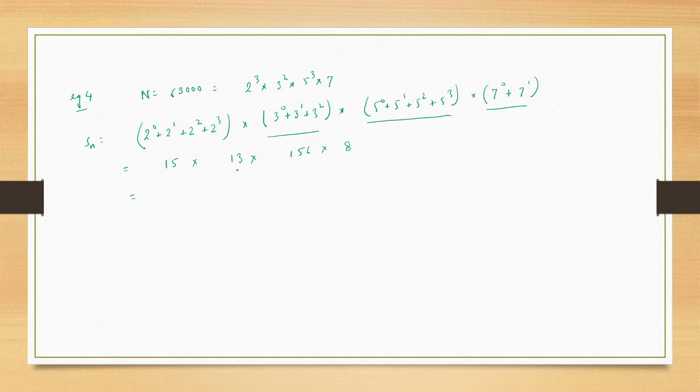So here 15 into 8 is 120. 120 into this we can multiply, 2028.